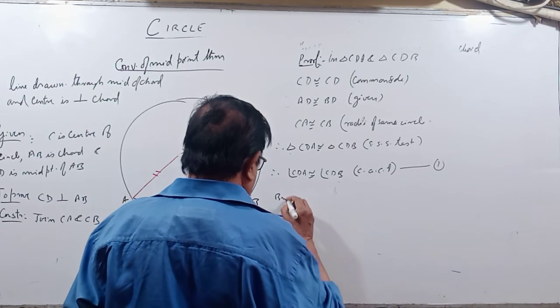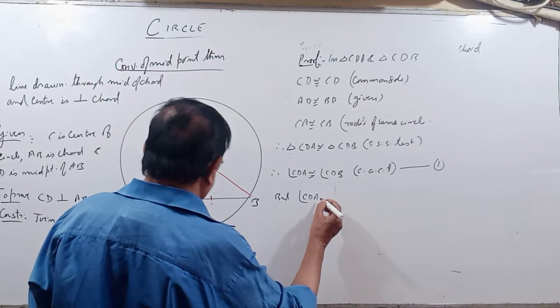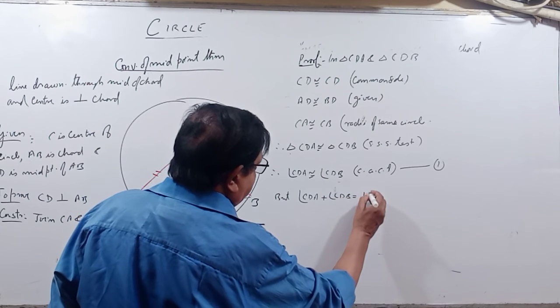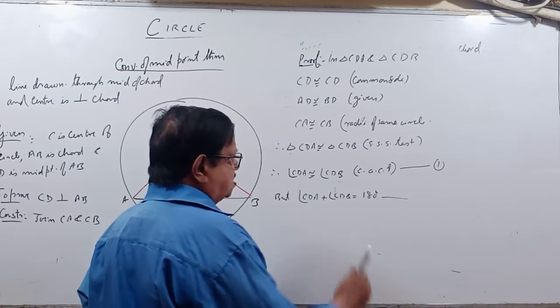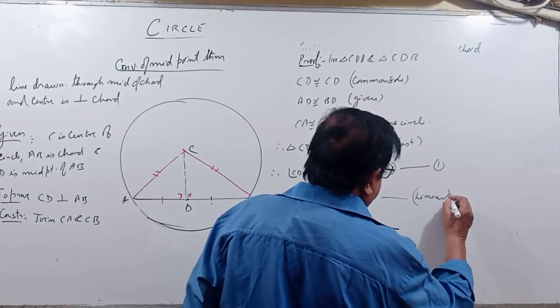But angle CDA plus angle CDB equals 180 degrees. This angle plus this angle will be 180 degrees. What is the reason? Linear pair angles.